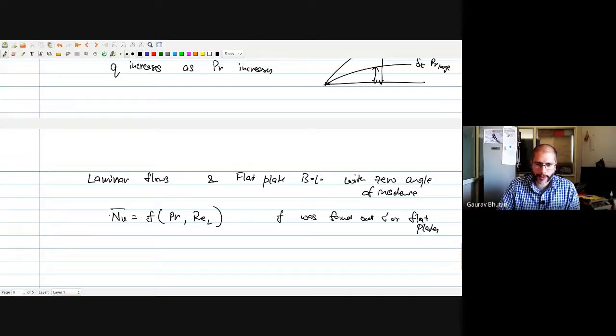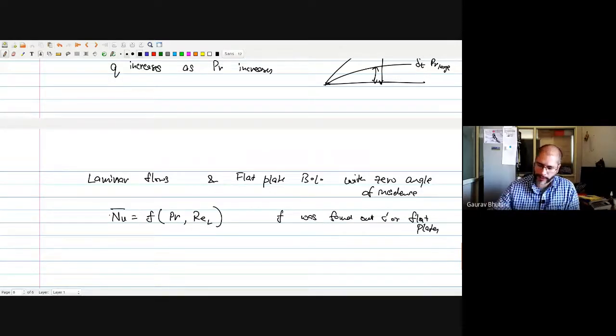So we'll see lots of correlations for shapes which are commonly used, and as engineers we tend to use them when solving problems, when trying to find the rate of heat transfer for different design problems. After that we'll move on to turbulent flows, because even if we stay with that flat plate and go beyond a certain x value, the flow will transition to a turbulent regime, where the story changes. There's lots of mixing that happens in turbulent flows in the boundary layer.